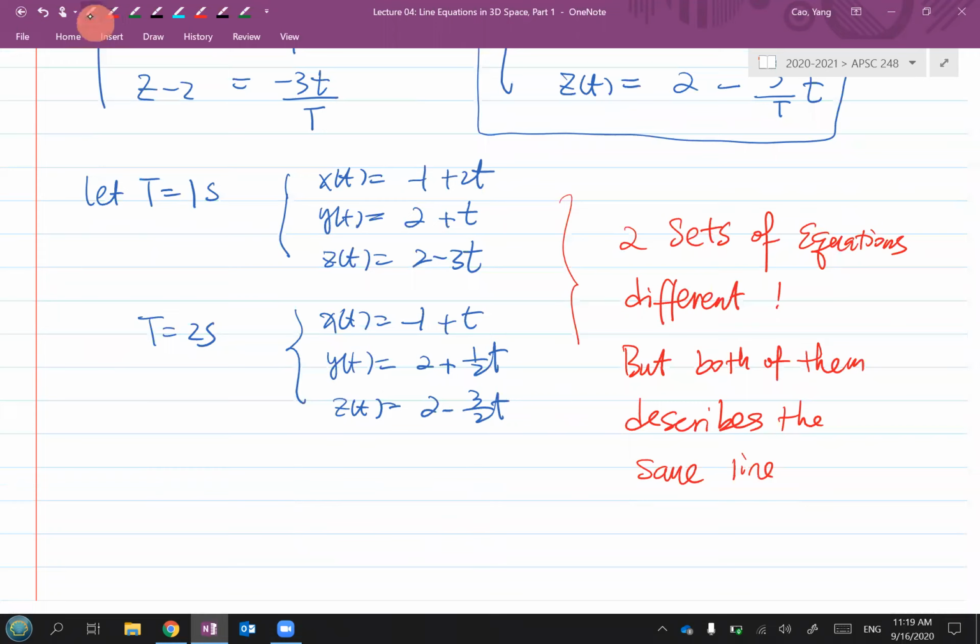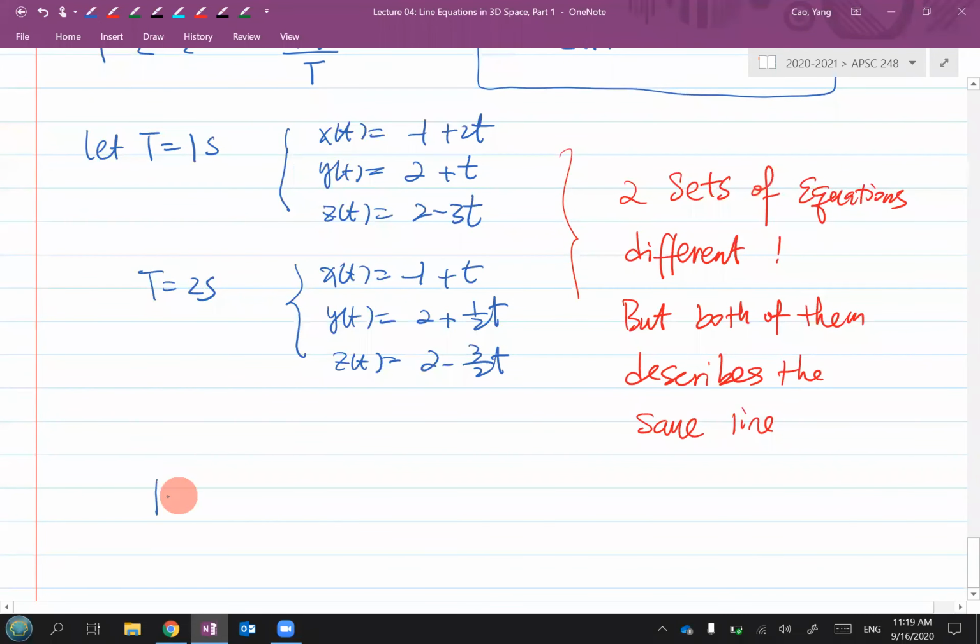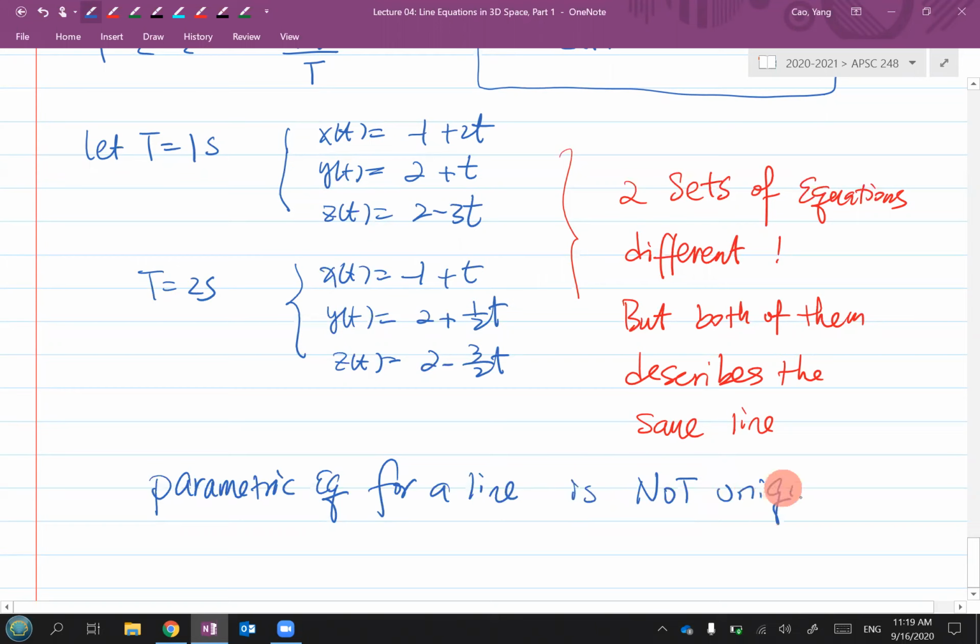So here's a very important conclusion. Essentially, the parametric equation for a line is not unique, since you can change the t to any number. When you derive a line equation, even for the same line, people can come up with seemingly different parametric equations, but they are actually describing the same line.